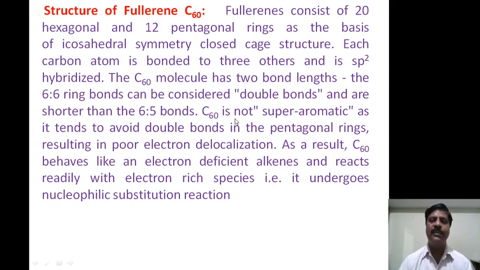C60 is not super aromatic as it tends to avoid double bonds in the pentagonal rings, resulting in poor electron delocalization. As a result, C60 behaves like an electron deficient alkene and reacts readily with electron rich species.